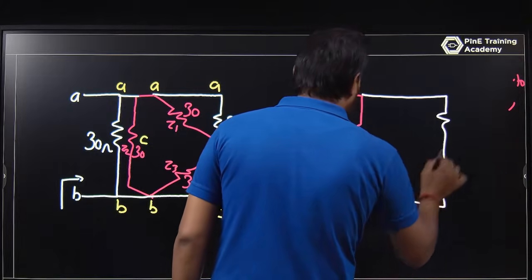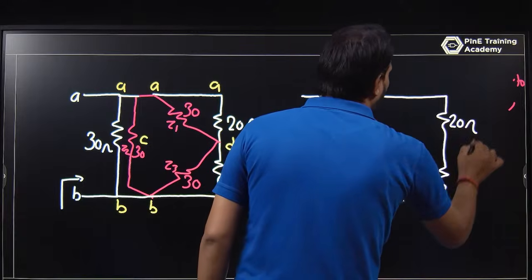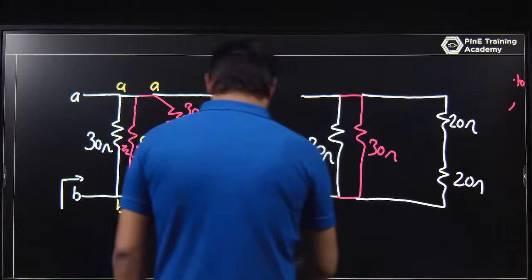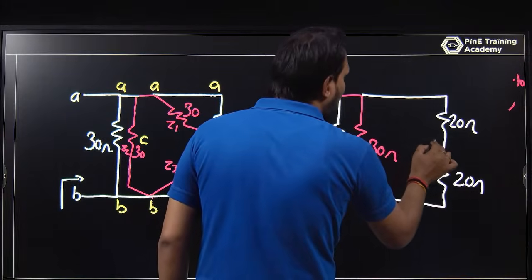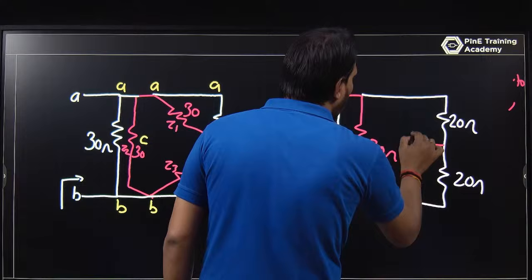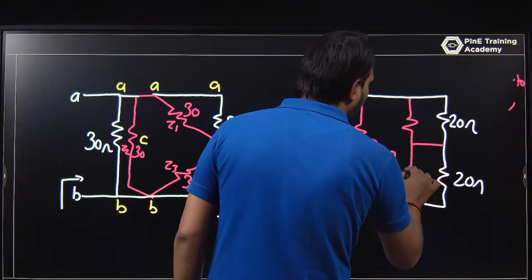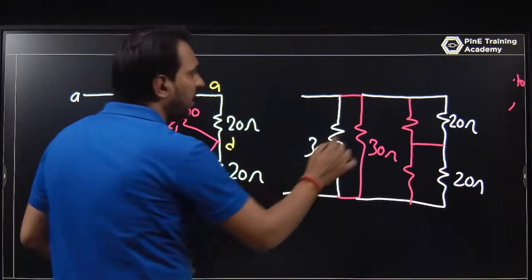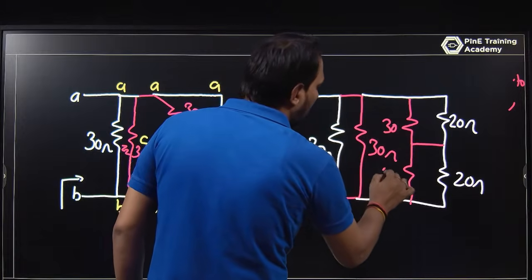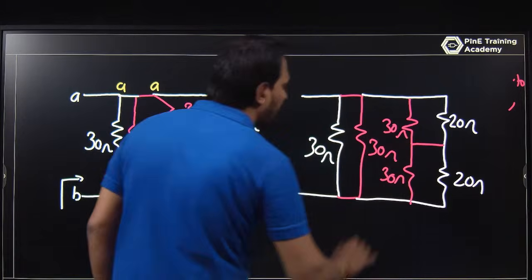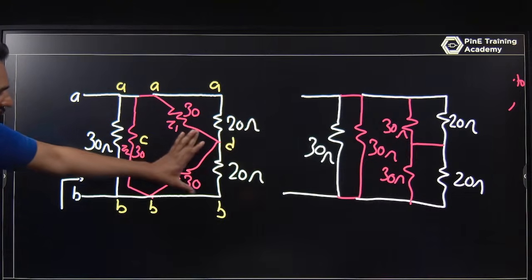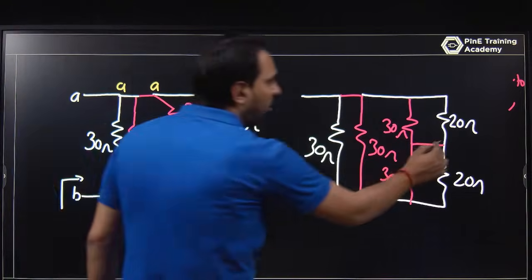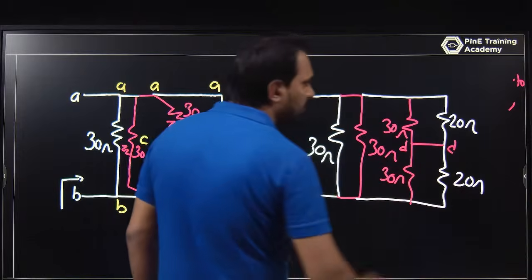You have this value, that is 20 ohm and 20 ohm, and here you have a value of 30 ohm and 30 ohm. Just check whether it is correct or not. This 30 ohm and 20 ohm are in parallel, and this is the point D. This is also D.